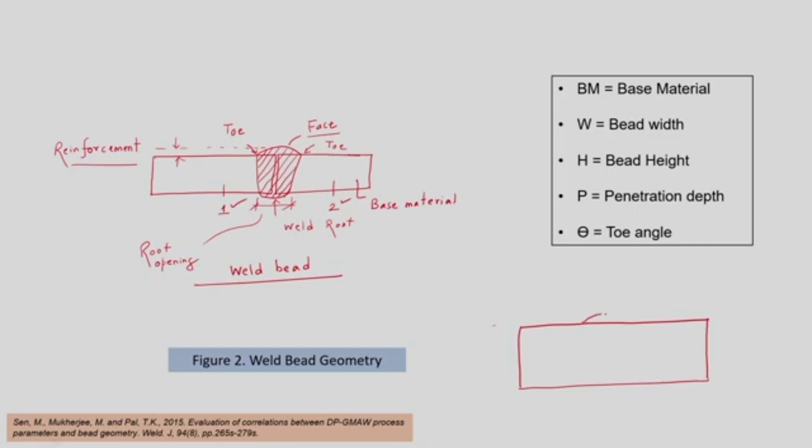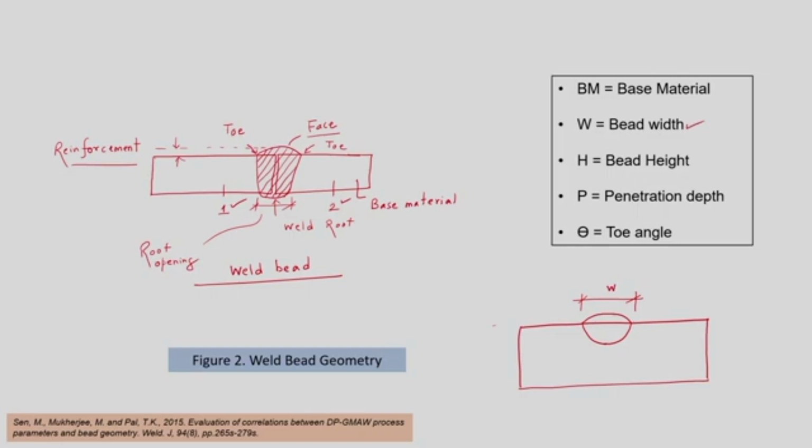So, we get the geometry something like this. The width of the bead is called the bead width, here it is mentioned.